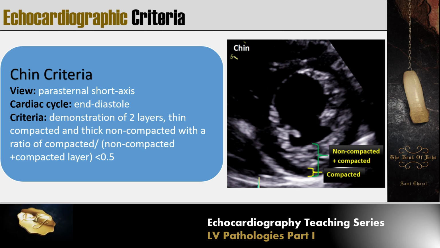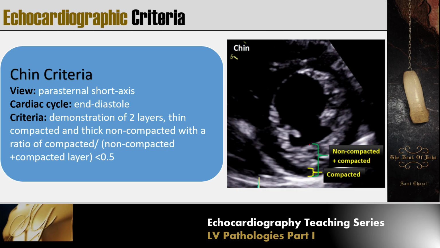Now, Chin criteria, again, is parasternal short axis, maybe mid to apex. It is at end of diastole. Then again, we have to demonstrate two layers, one thin compacted and one non-compacted.